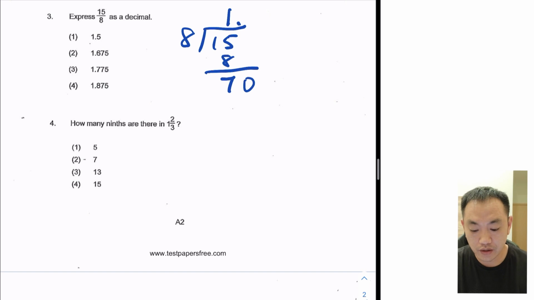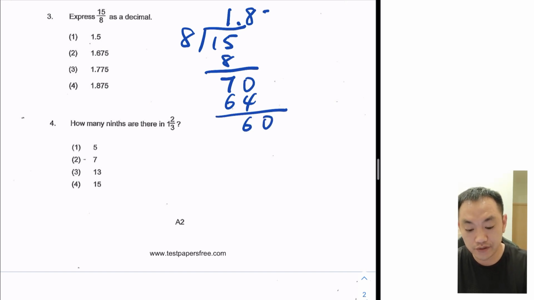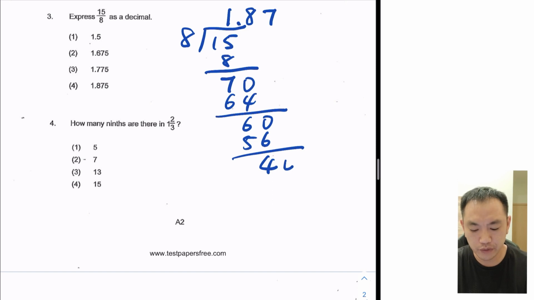Which is 8. 8 times 8 is 64. Then the remainder is 6. Then you put another 0. The next one is 7. 8 times 7 is 56. Then the remainder is 4. You put another 0. Then this is 5. 8 times 5 is equal to 40, then it's fully divided.